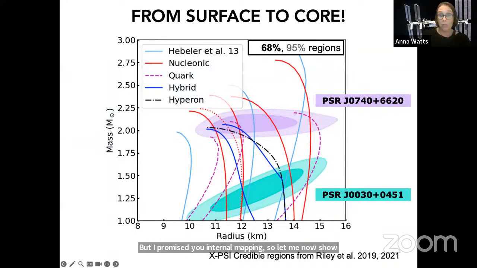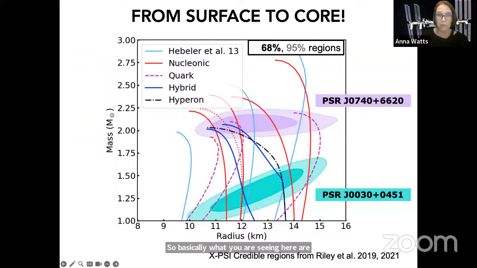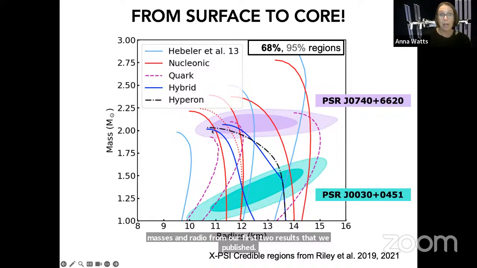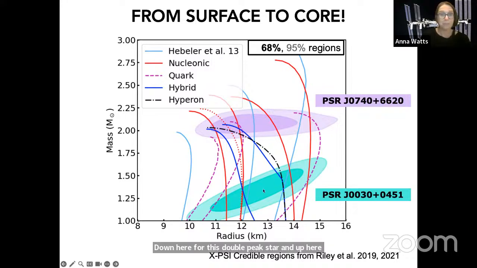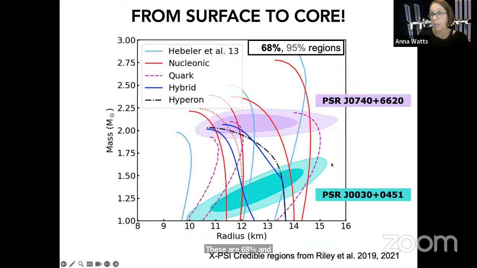So basically what you are seeing here are our inferred masses and radii from our first two results that we published. Down here for this double peak star, and up here for the one that had the higher mass. These are 68% and 95% credible regions coming from our analysis, compared to a whole bunch of models, mass radius relationships.